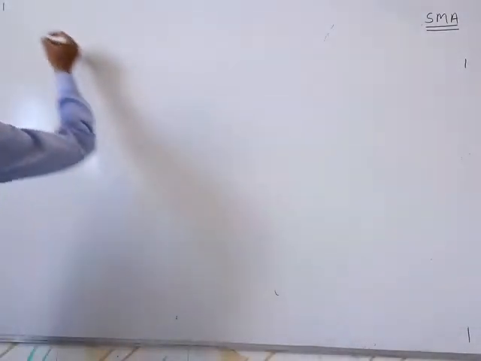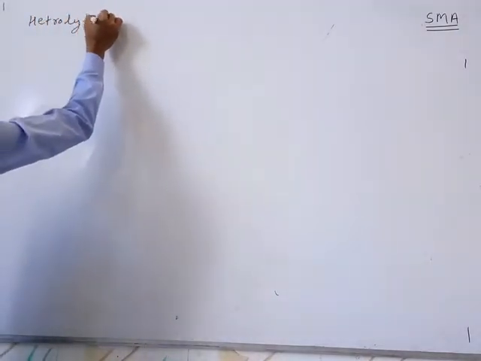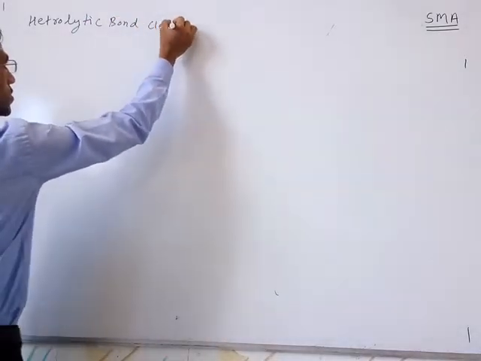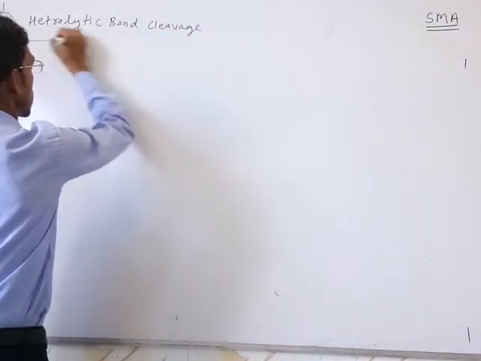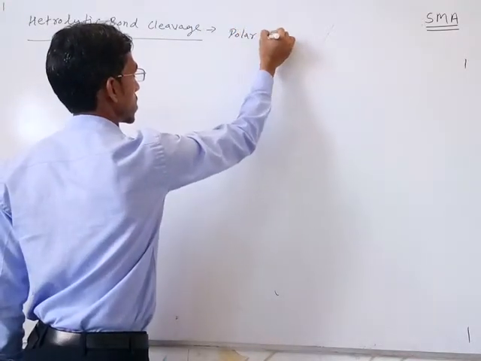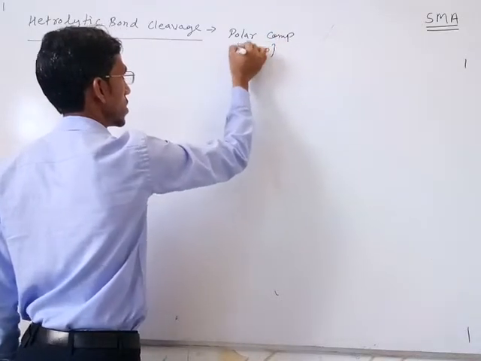Next, we discuss heterolytic bond cleavage. It is found in polar compounds, meaning mu is not equal to 0.